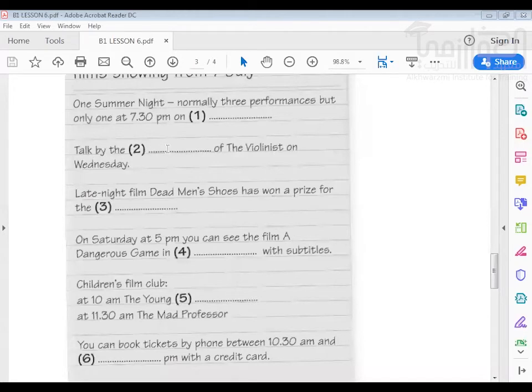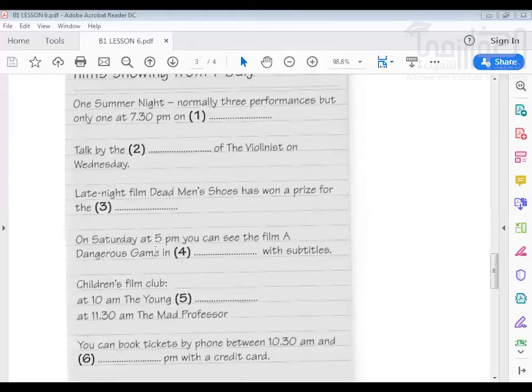And then let's look at 3. Late night film Dead Men's Shoes has won a prize for the. So what should be here? A movie has won a prize for something that is connected with film. So you must listen for that.